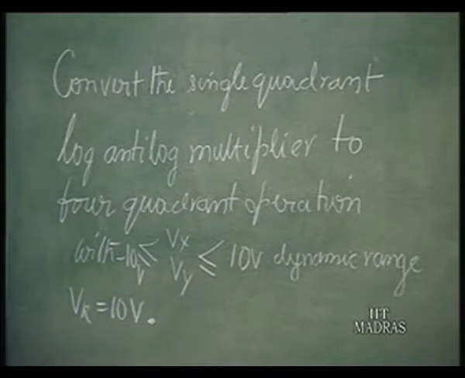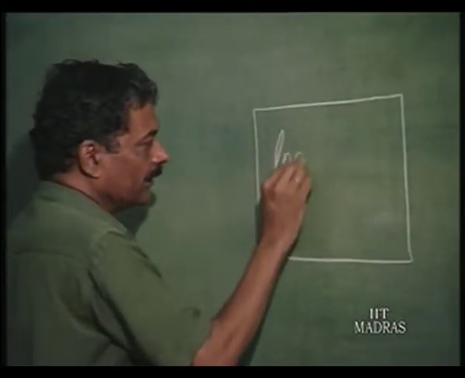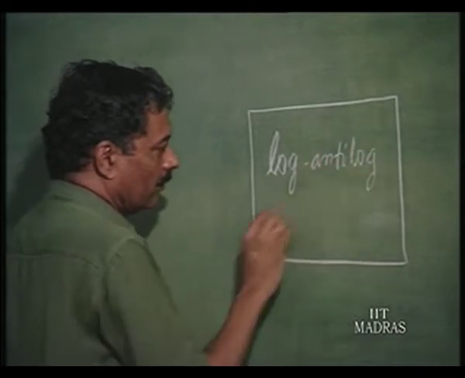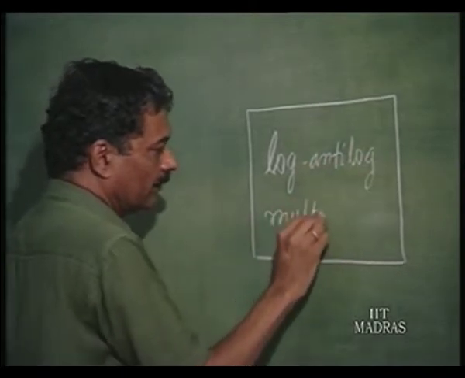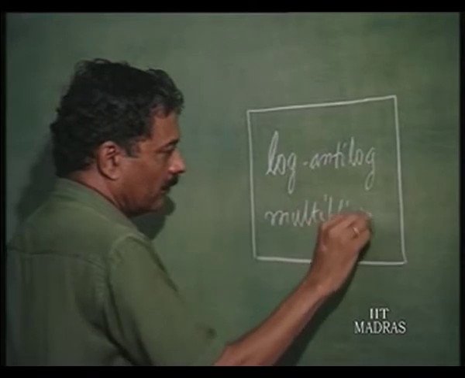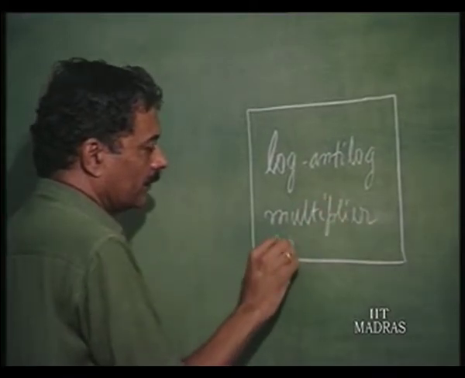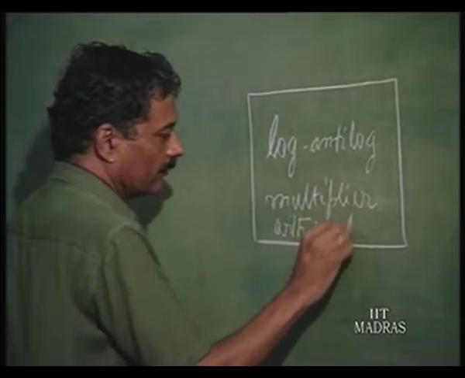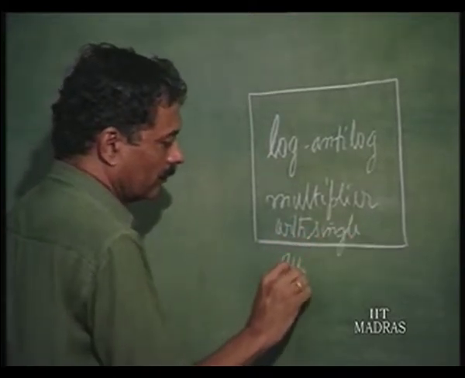So, let us assume that this is my block that we have already discussed, log-antilog multiplier with single quadrant operation.